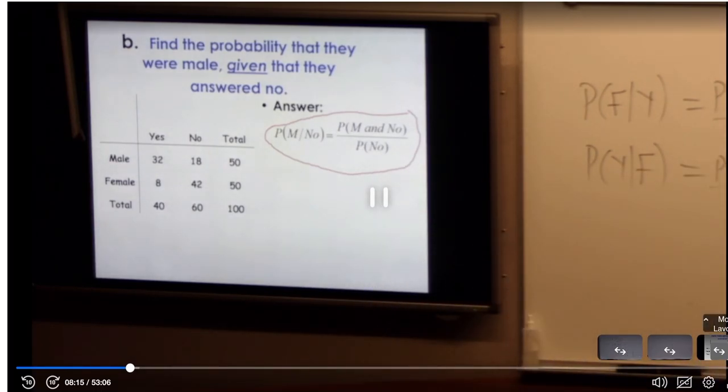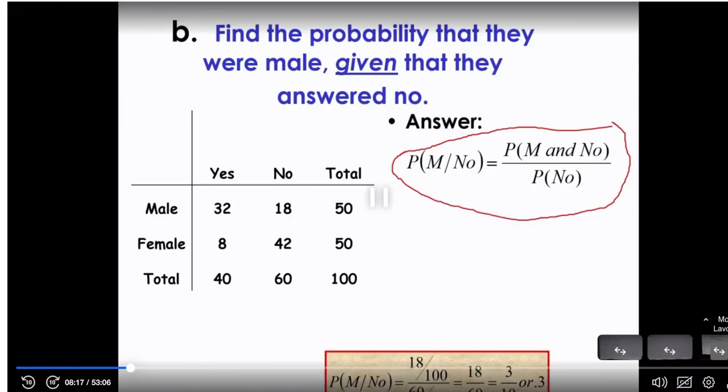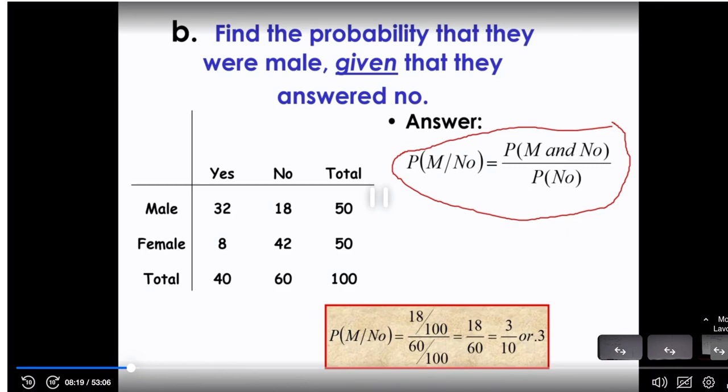Now, if you go the same way, you need to first figure out the probability of male and no. The probability of male and no is going to be 18 over 100. That is the numerator. The probability of no will be 60 over 100. And at the end of the day, when you simplify, that's what you're going to have. Is there any question moving forward?